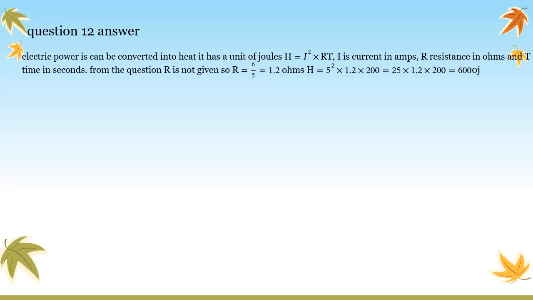H equals I squared R t, where I is current in amps, R is resistance in ohms, and t is time in seconds. From the question, R is not given, so R equals V over I equals 6 over 5 equals 1.2 ohms. H equals 5 squared times 1.2 times 200 equals 25 times 1.2 times 200 equals 6000 J.